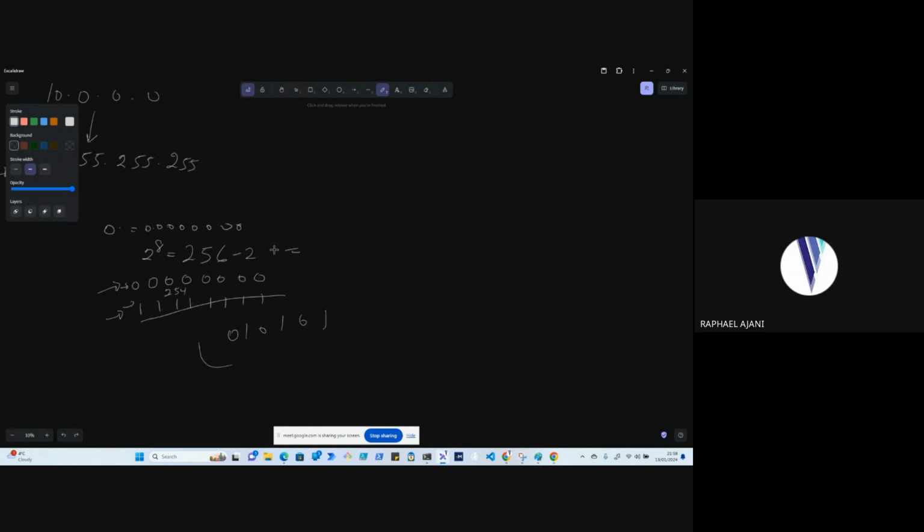So for IP addressing, this is how you look at it. Just know that it's 256 hosts per range, but I can't use the first and I can't use the very last, which is 255. So what I am allowed to use is up to the last host, which will carry 254.